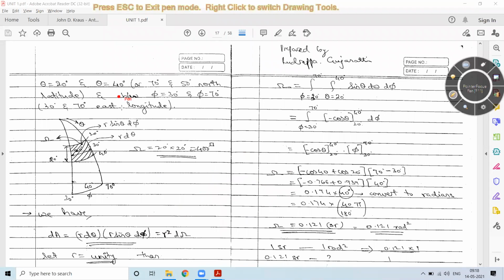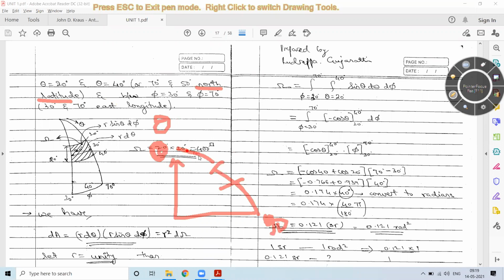If you are specifying in terms of latitude, consider this from 0 to 90 degrees; generally we measure from the elevation angle, that is 0 degrees is here and 90 degrees is here. What you are specifying is 70 degrees at this point and 50 degrees at this point. When it is specified in terms of north latitude, we have to take the angle from here.